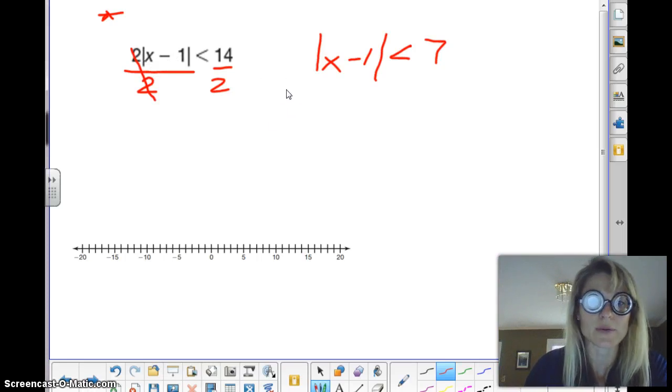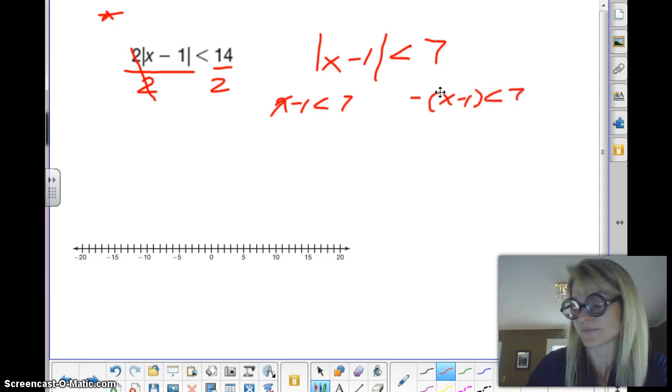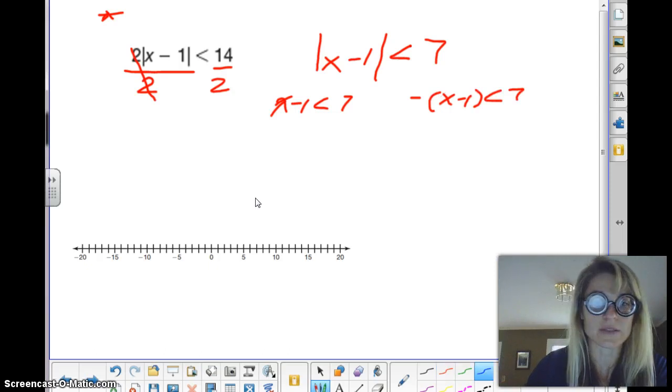Okay, so now we're just like before. We have x minus 1 is less than 7. And then we have to do the negative. x minus 1 is less than 7. So solve this, really easy, just add the 1. And x is less than 8, right?